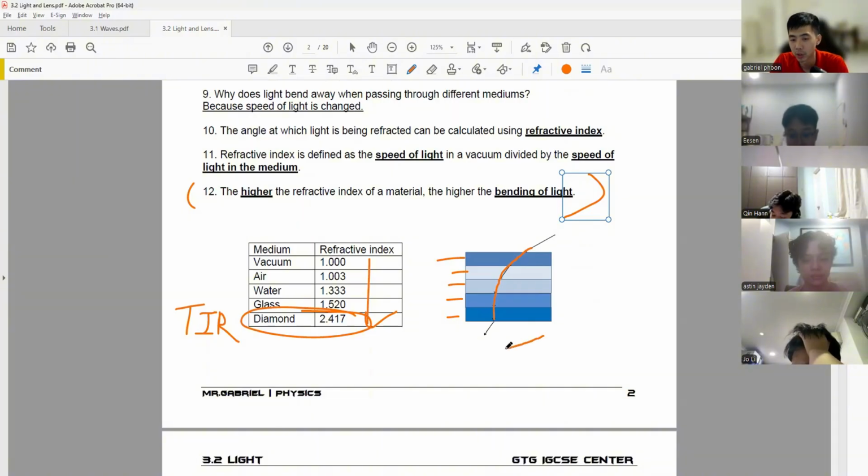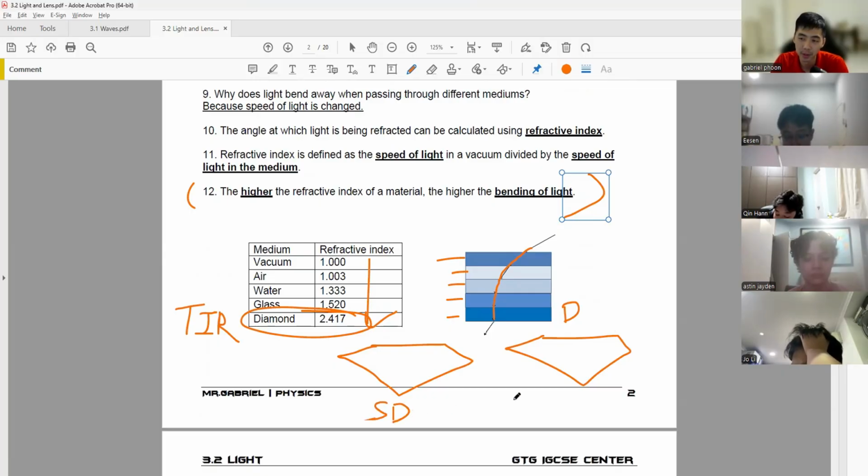Total internal reflection occurs when light actually bounces off. Let's imagine today I've got a real diamond versus a cheap diamond I bought from Pasar Malam. Okay, this is a bad diamond. When light enters a real diamond, because of its high refractive index, it'll go through total internal reflection and keep bouncing inside internally before it actually shines out.